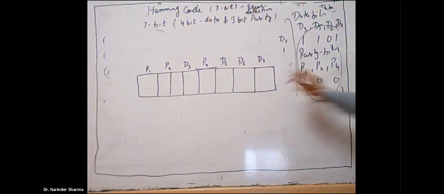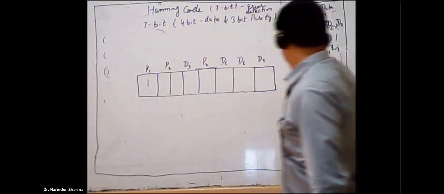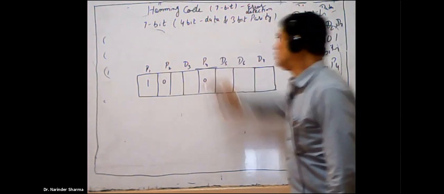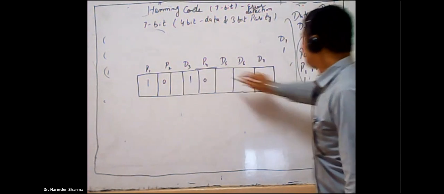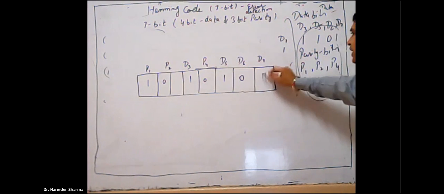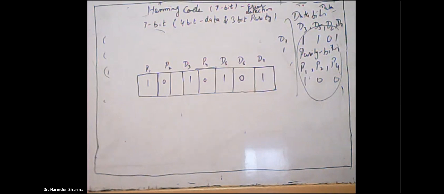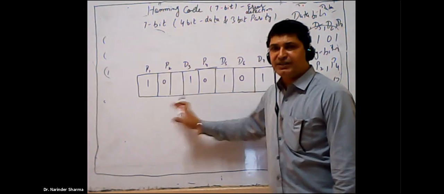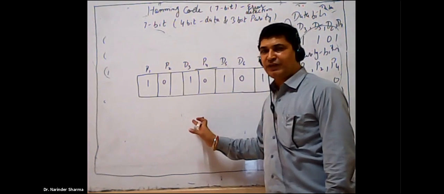Parity bit P1 is 1, P2 is 0, P4 is 0, D3 is 1, D5 is 1, D6 is 0, D7 is 1. In this way, we can fill up these values, and we can see how Hamming code is useful for the detection of the error.